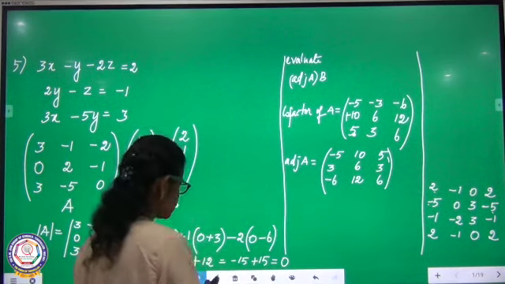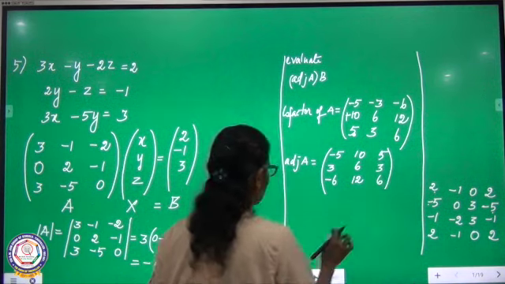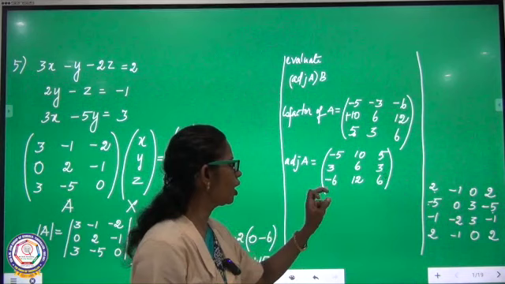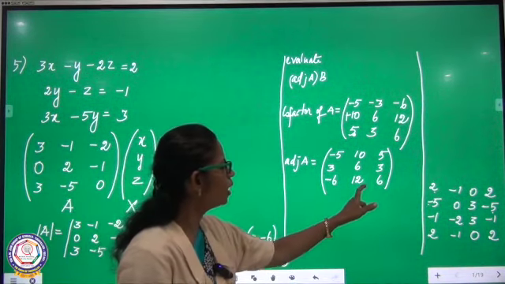We got adjoint of A as minus 5, 10, 5, 3, 6, 3, minus 6, 12, 6.